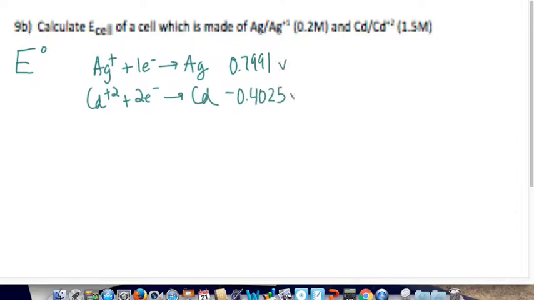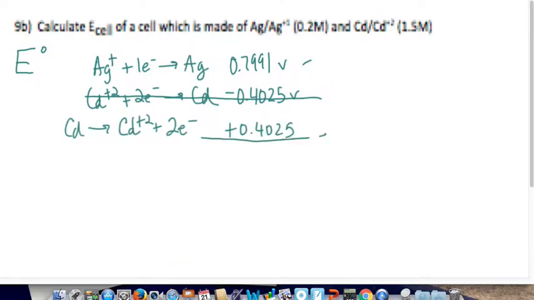All right, so those are our voltages as reduction potentials. Which one are we going to leave reduction? Yeah, this one we're going to leave as reduction, so we're going to make this guy oxidation. So I need the balanced equation, so I'm going to go ahead and change the sign.